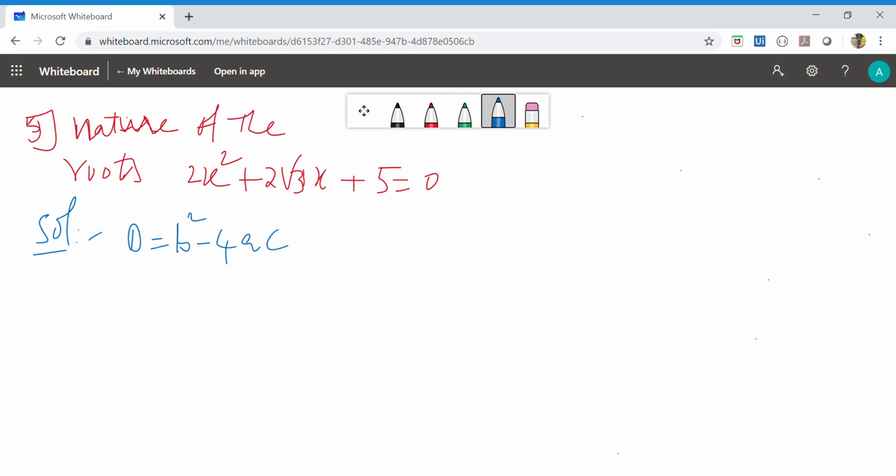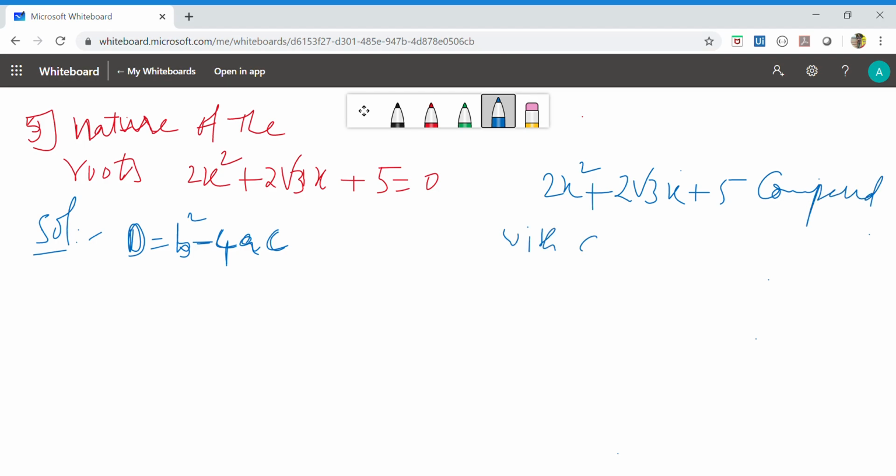What are b square minus 4ac? When you compare the given equation with the standard form, 2x square plus 2 root 3x plus 5 can be compared with ax square plus bx plus c.